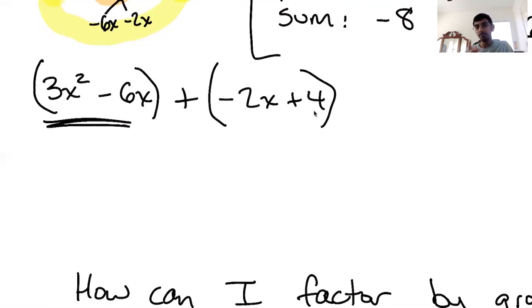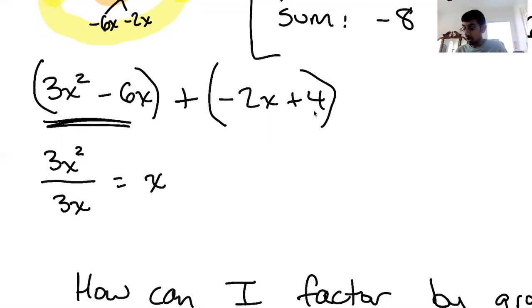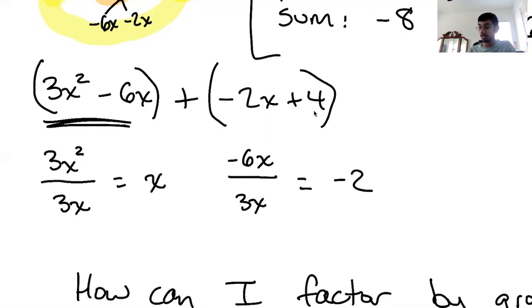Because it makes sense, right? If I divide 3x into the 3x squared, that would just equal x. So that's all we would have left. And if I were to divide 3x into negative 6x, that would equal negative 2. And there really is nothing in common between these remaining things we get, so 3x would have to be the greatest common factor.